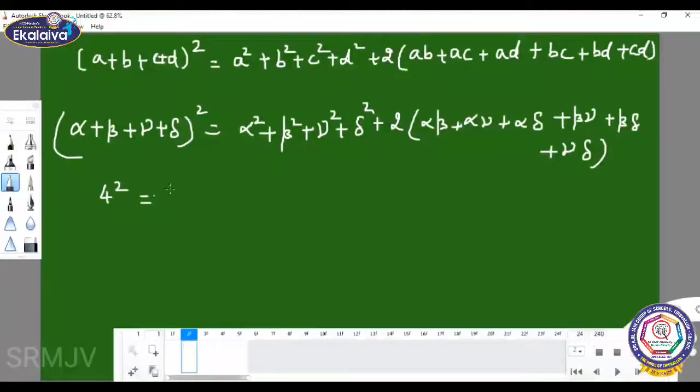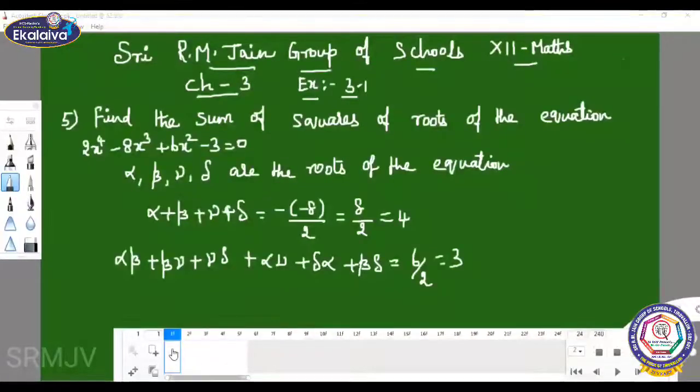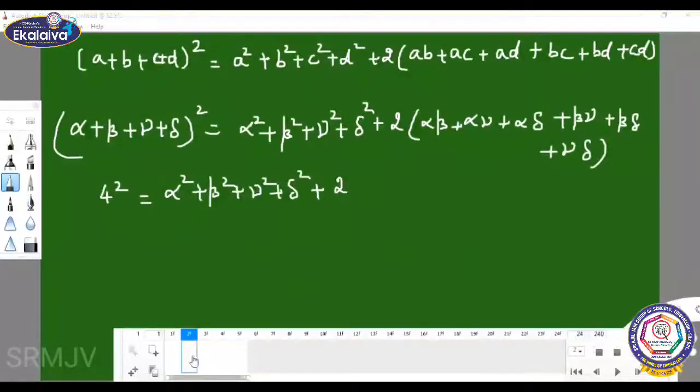4 square equal to alpha square plus beta square plus gamma square plus delta square plus 2 into S2, that is the product of the two terms. S2 is nothing but 3, so 2 into 3.